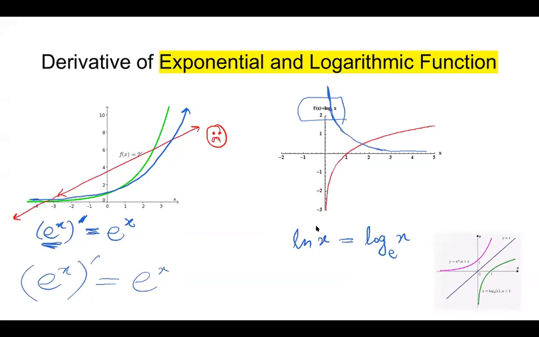To be honest, this is essentially 1 over x, though there's also some constant you have to multiply. And remember, this is not an exponential function, because when x goes to 0, it becomes infinity. So can someone tell me what we call this function? 1 over x.